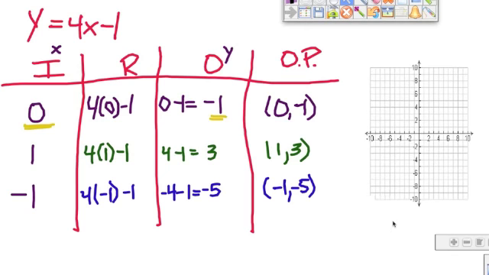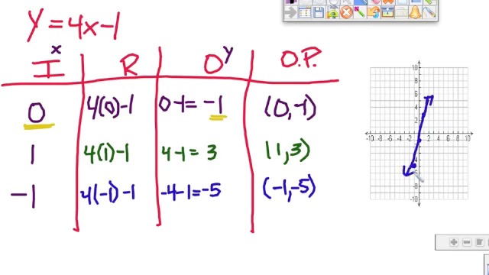Okay, so let's go ahead and graph this out. First one I'm going to get is (0, -1), which is here. Then I'm going to get (1, 3), which is up here. And then I'm going to get (-1, -5), which is here. Okay? I'm going to try and draw a straight line as much as possible on this tablet. I prefer you guys to use rulers.